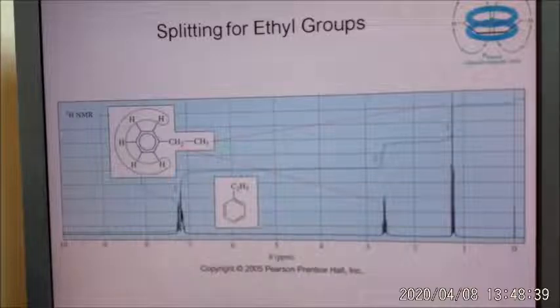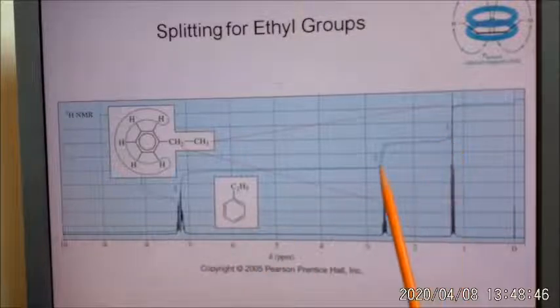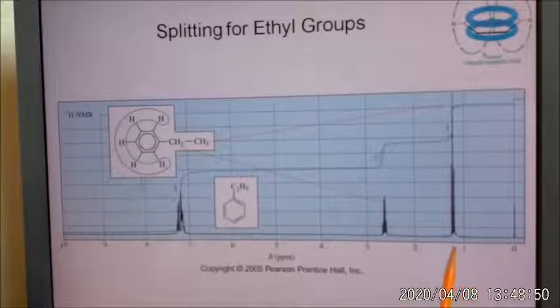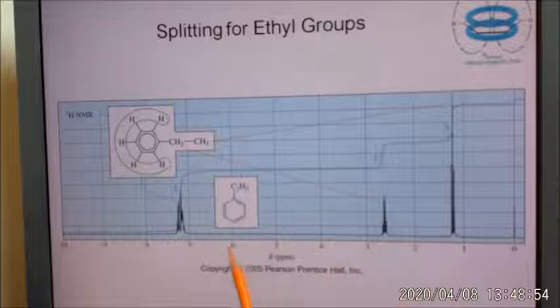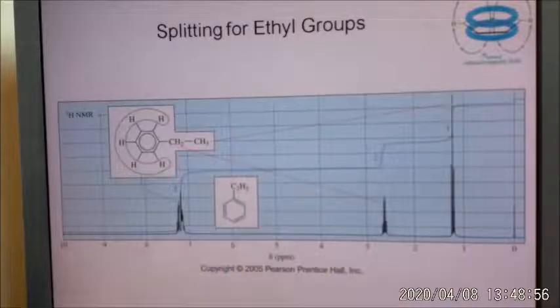Okay, now let's take a look at the splitting. So, we know our integration: methyl, methylene, monosubstituted aromatic, ranges. This is de-shielded, even more de-shielded. Aromatic, we know that's de-shielding, so this is probably attached to the aromatic.